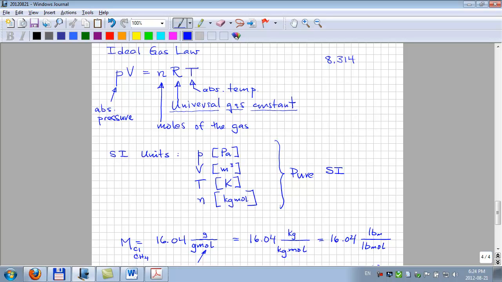I think it's joule per kilogram per mole. You can also express it in joules, but we don't want to get into joules.